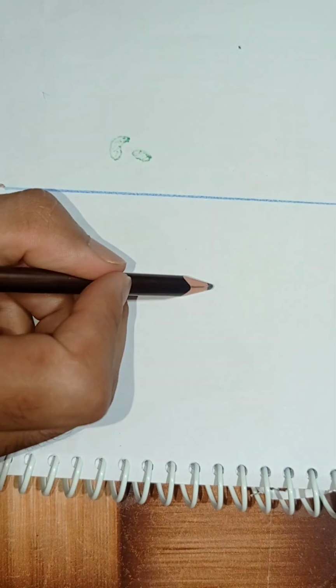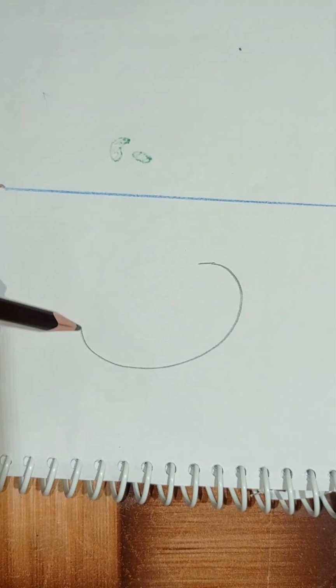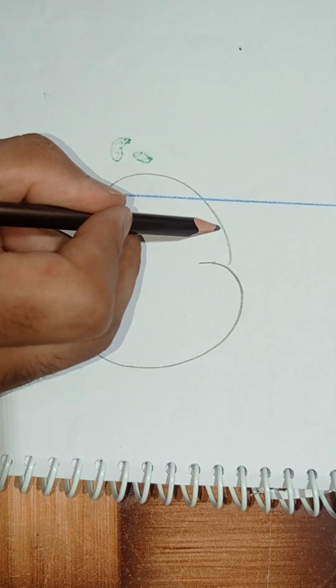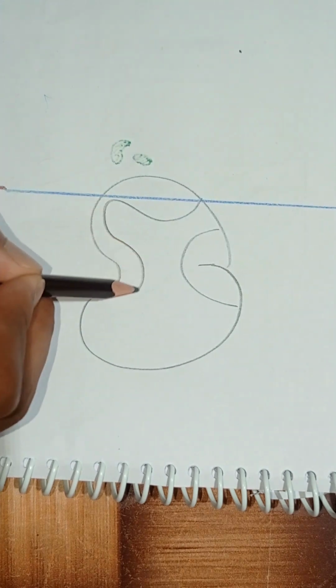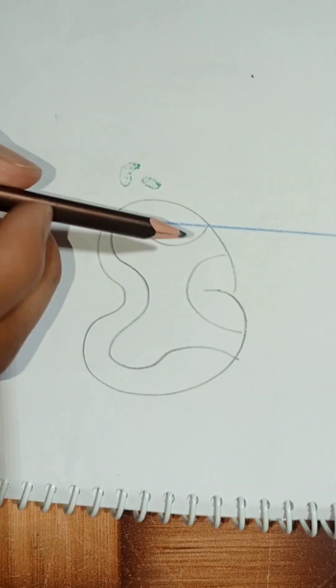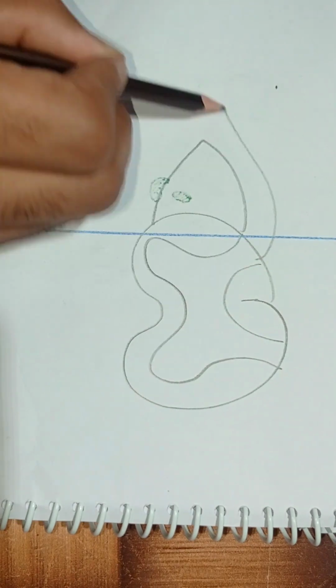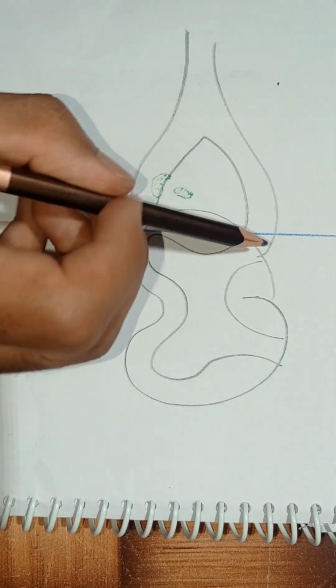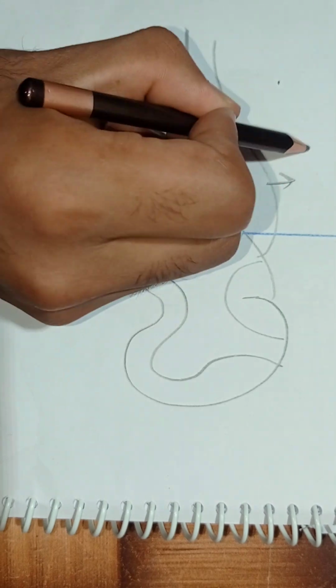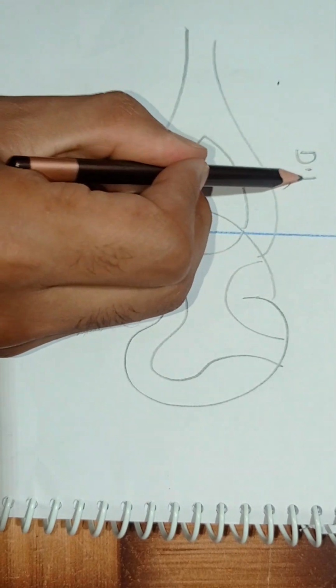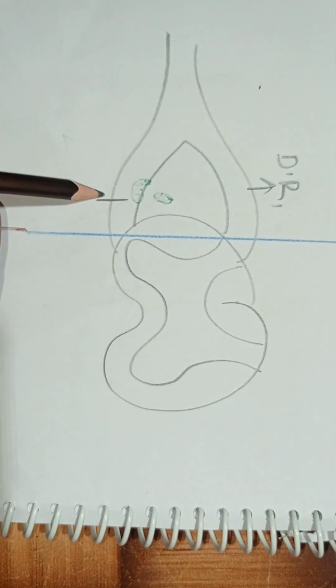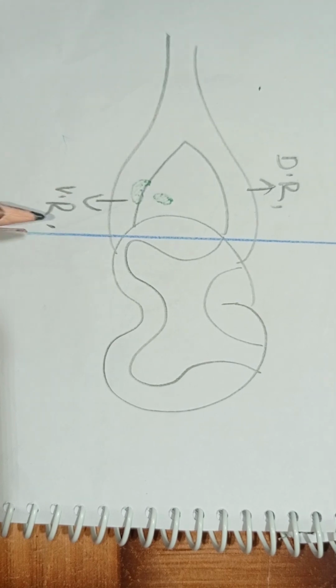Thank you very much. One last point here. If we draw a spinal cord, one last cut section of the spinal cord, from here, this is called the dorsal root, and this is called the ventral root.